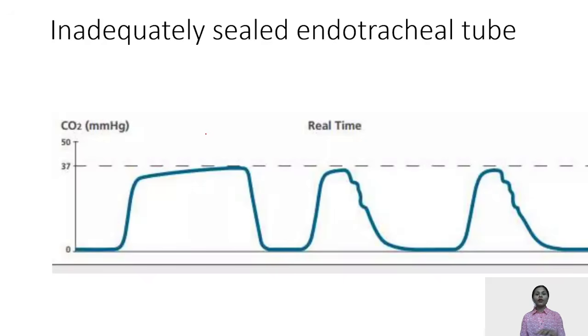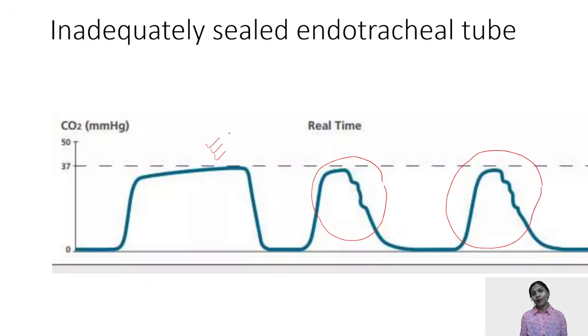Moving forward with one of the last conditions, when you don't have a perfect EtCO2 curve but still the capnograph is coming, but not as it should. What could be the reason for this?